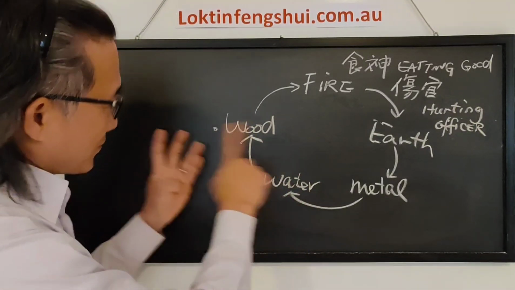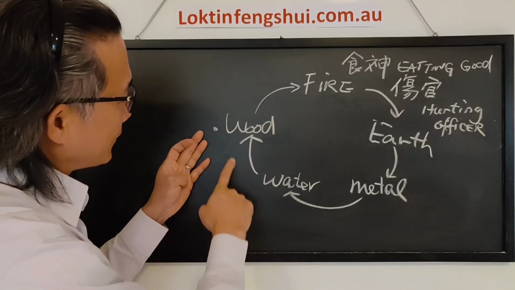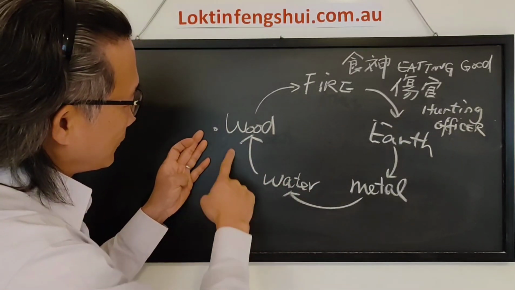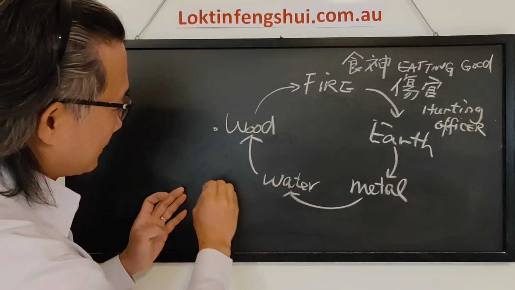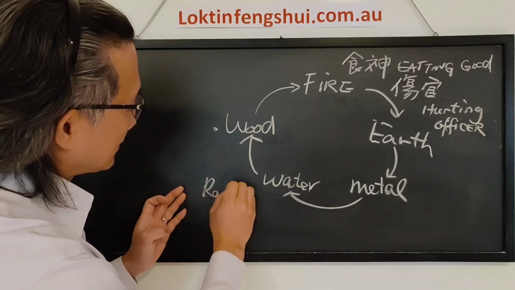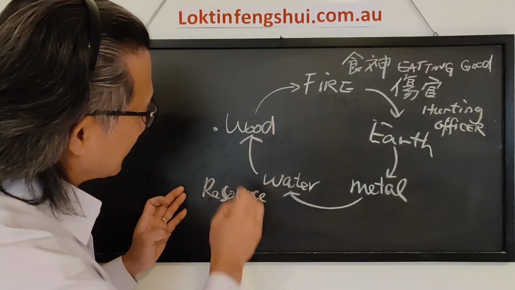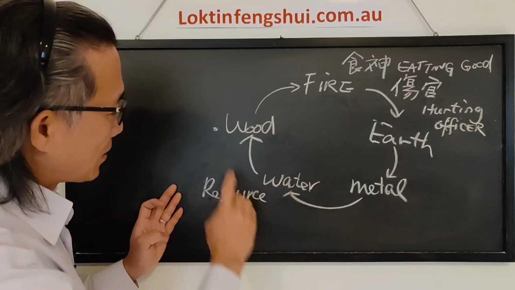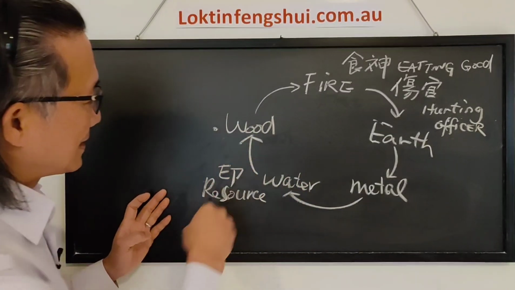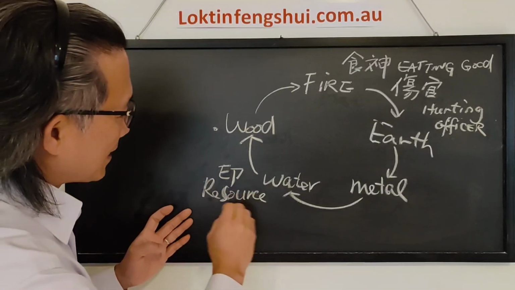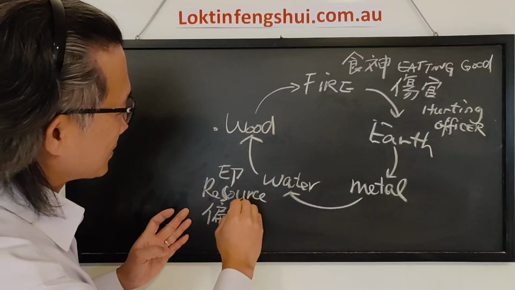If you're still standing from the wood point of view, the water will feed the wood. So water is the resources, which we call Yan, or sometimes Pin Yan, indirect resources.